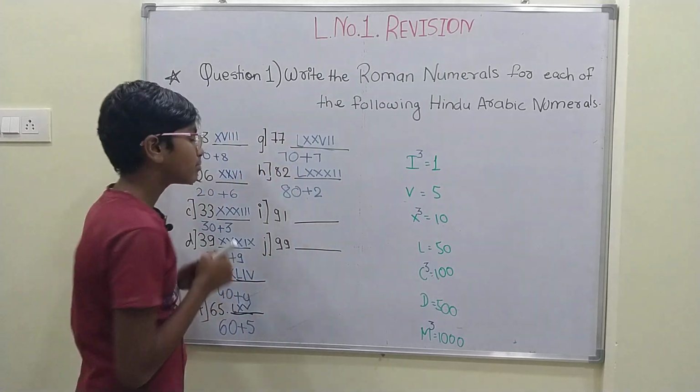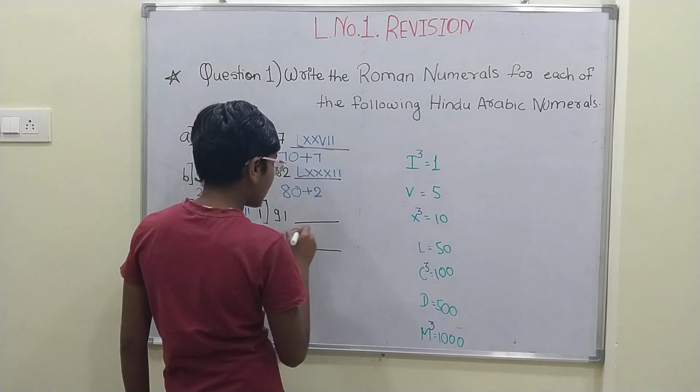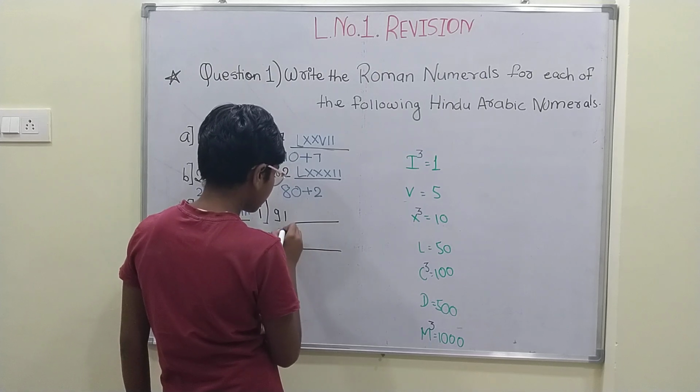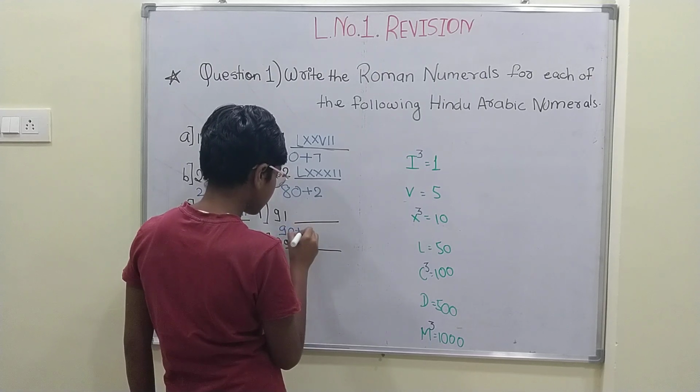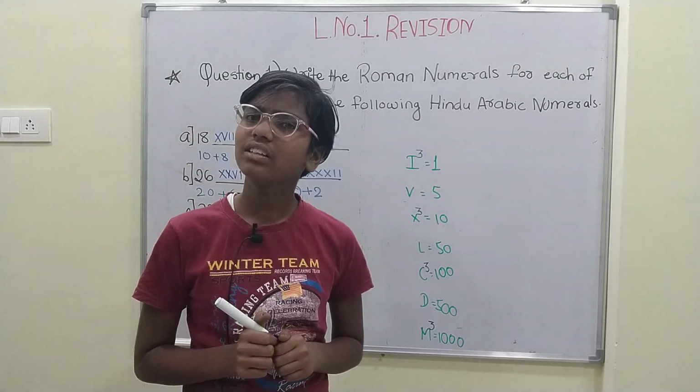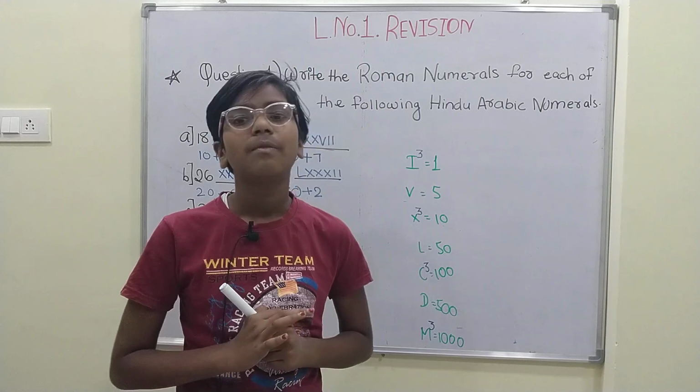Like 91. How will you write 91? I'll write it as 90 plus 1, 91. How will I write 90?